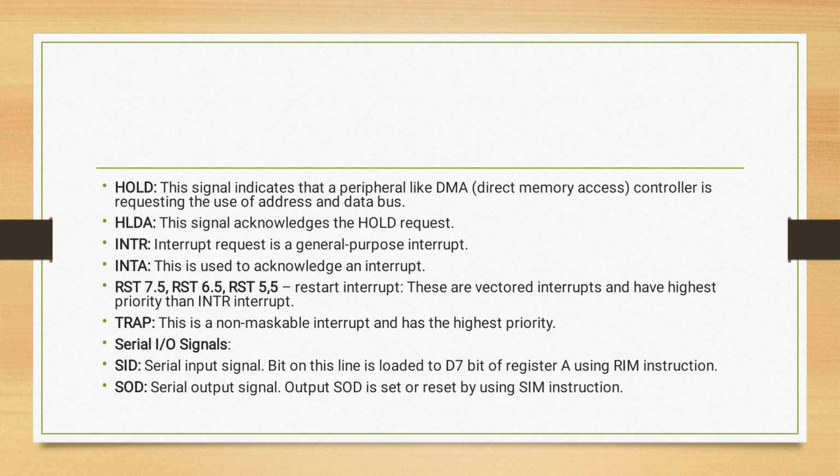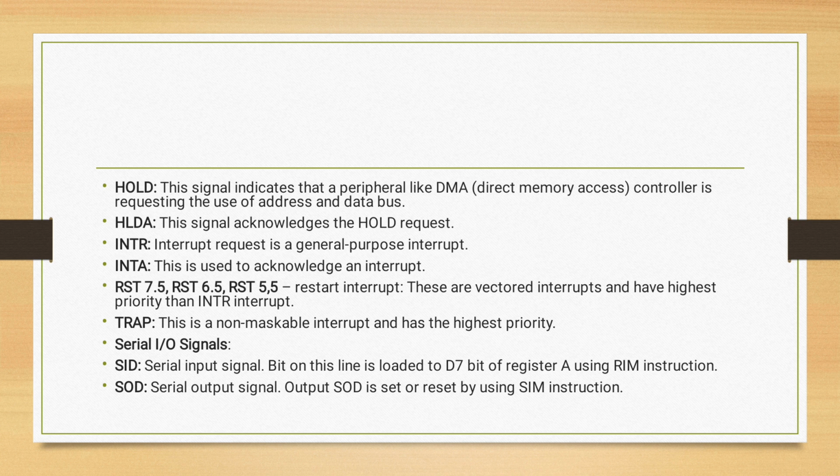If the CPU is in the hold state or the interrupt enable flip-flop is reset, an interrupt request is not honored. And INTA is the interrupt acknowledgement which is sent by the processor after INTR is received.